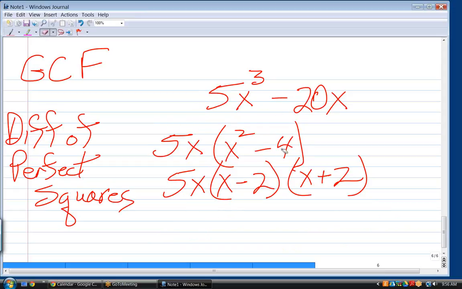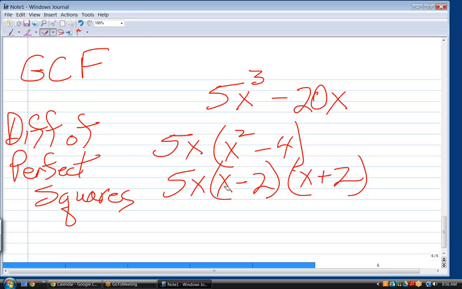When I had it at the earlier step, all I had done was taken out a greatest common factor. Well, the goal in all of these factoring problems is to get it down to its smallest linear factors, if you can do it.